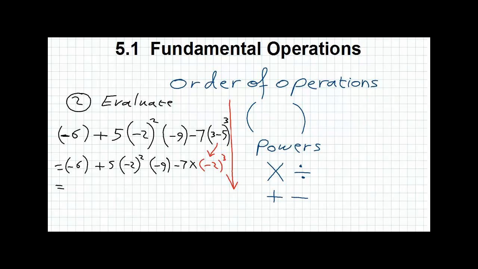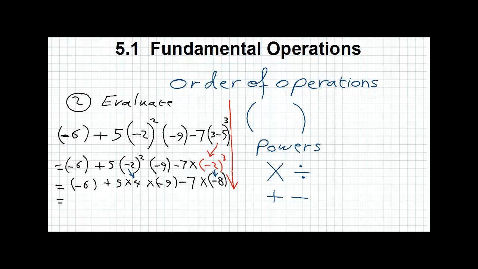Second step is to find the powers. So it is -6 plus 5 times 4 times -9 minus 7 times -8.